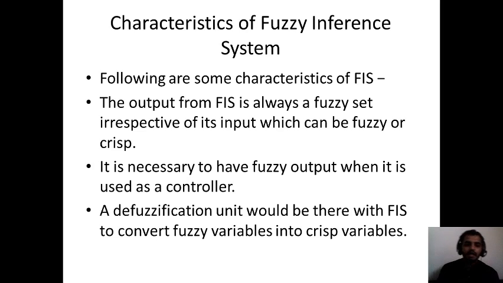So a defuzzification method, or defuzzification unit, will be there, which will convert the fuzzy values into crisp values, or fuzzy variables to crisp variables, so that other units can work parallelly or simultaneously.